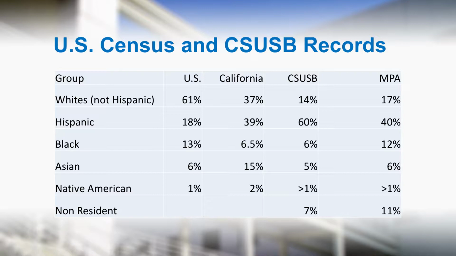When we look at the MPA program, we find that Hispanics are about 40%. Whites are 17%, blacks are 12%, Asians 6%, international 11%. So there's a large difference in the diversity of California compared with the rest of the United States, and even bigger difference compared to Cal State, San Bernardino, or the MPA program.